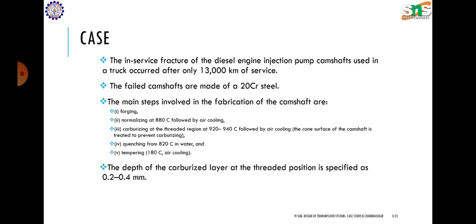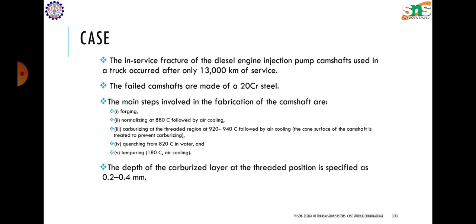The main steps involved in the fabrication of the camshafts are: first forging, then normalizing at 880 degrees Celsius, followed by air cooling. Then the third step is carburizing at the threaded region at 920 to 940 degrees Celsius, followed by air cooling.